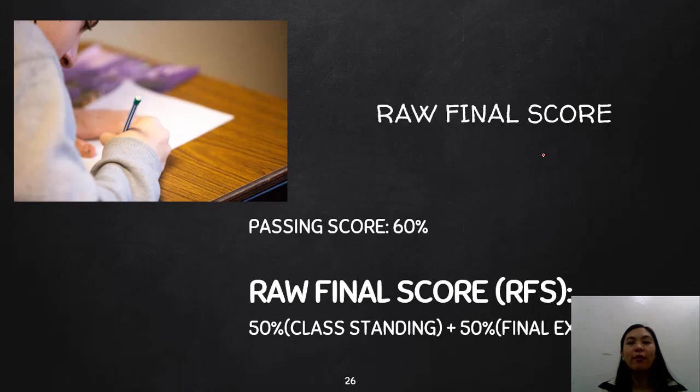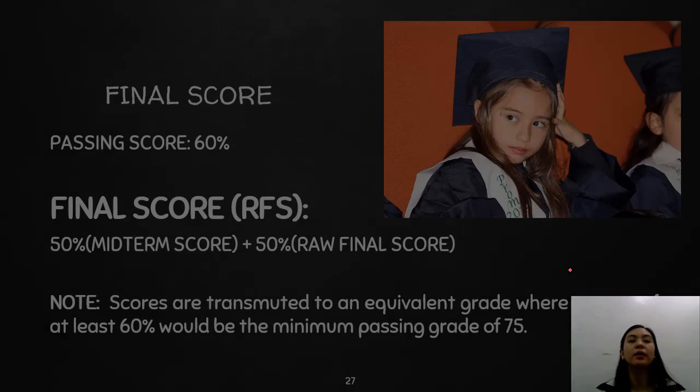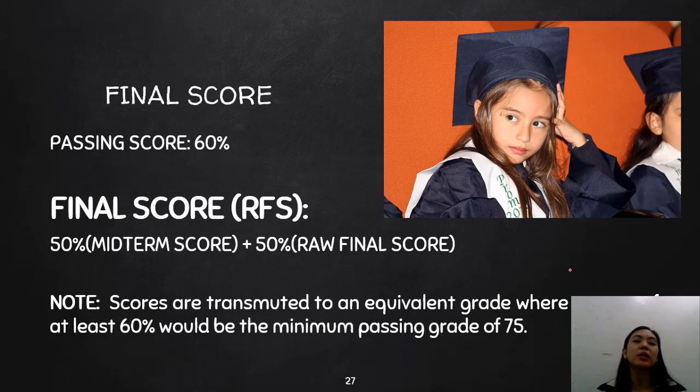And for your raw final score, you have 50% of the class standing and same 50% of the final exam score. And for you to calculate your final grade, that will be 50% of the midterm score and 50% of your raw final score.